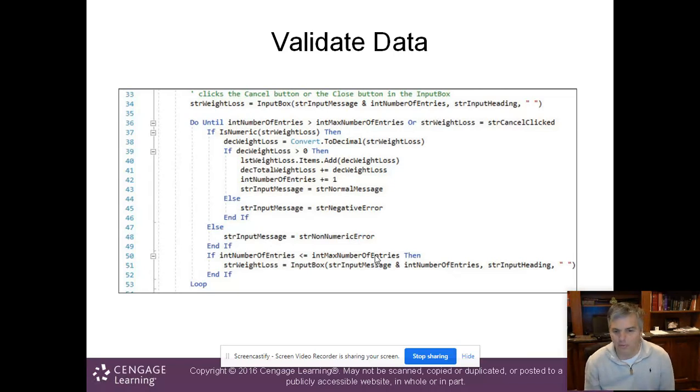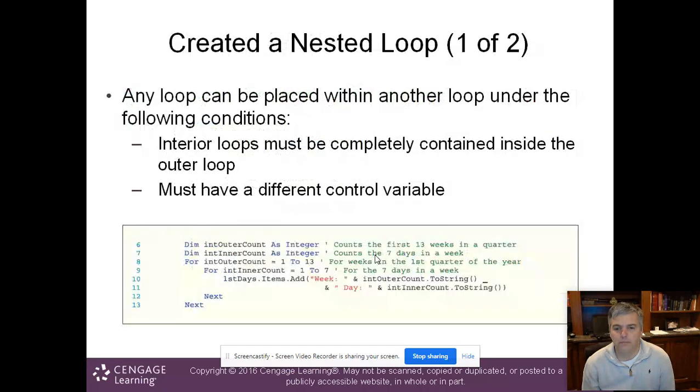So we'll be going through this again in the guided program walkthrough. So any loop can be placed within another loop under the following conditions. Interior loops must be completely contained inside the outer loop, and they must have a different control variable.